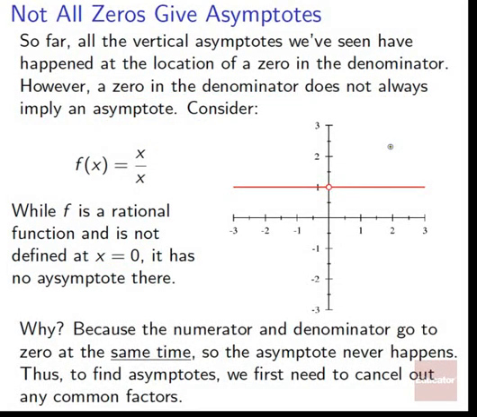Why does it happen? Why do we lack this asymptote? Because the numerator and the denominator go to 0 at the same time. So the asymptote never happens. Because they're both going to 0, there's nothing to divide out to blow up to a very large number or to blow down to a very large negative number. The asymptote can't happen because normally they just cancel out to something over something, but since it's the same something, it becomes just 1.